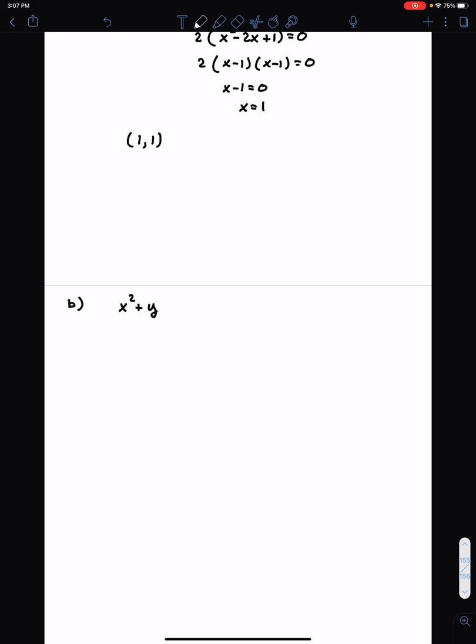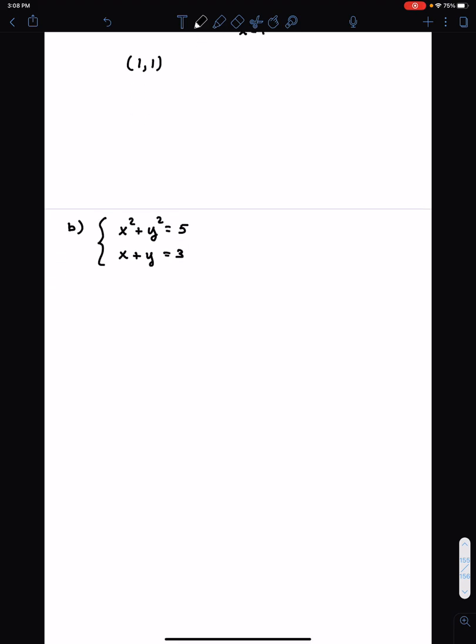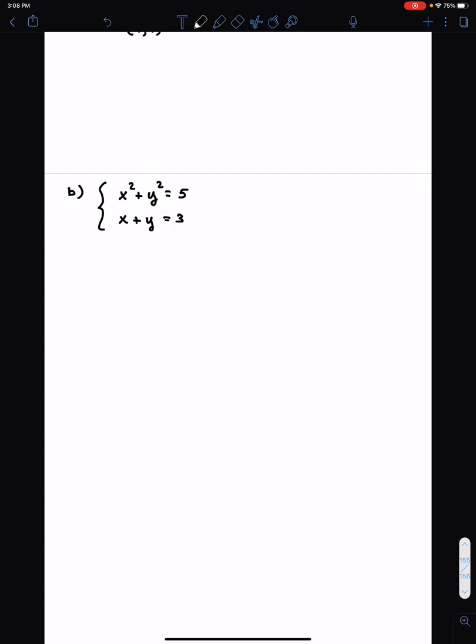Solve the system of equations, x squared plus y squared equals 5, and x plus y is equal to 3. So again, I'll use substitution. I'll write these two equations side by side. So x plus y is 3, and x squared plus y squared is equal to 5. If I solve for y on the first equation, y equals 3 minus x.